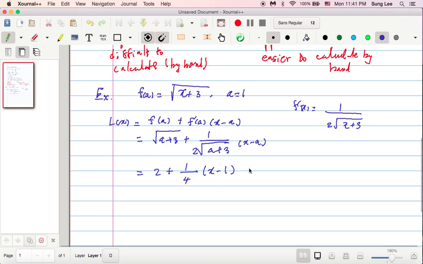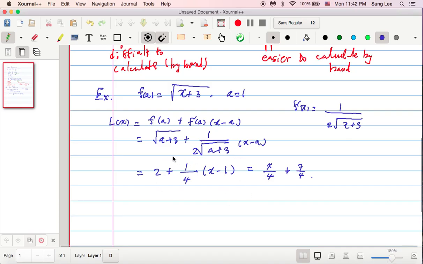So this can be simplified to the following equation of a line: x over 4 plus 7 over 4. You don't have to write it in this form, you can actually just use this. So it really doesn't matter. But actually, sometimes it does.